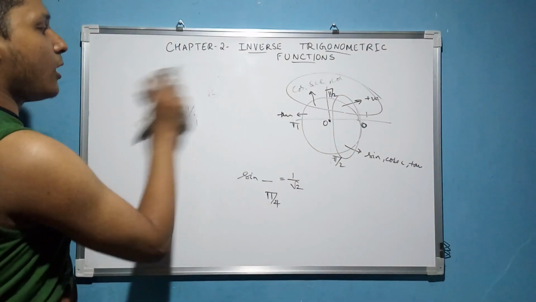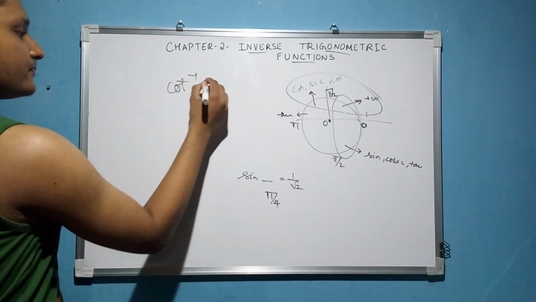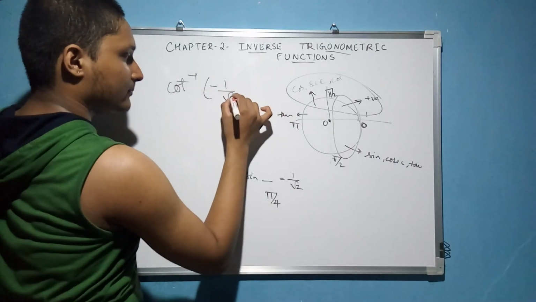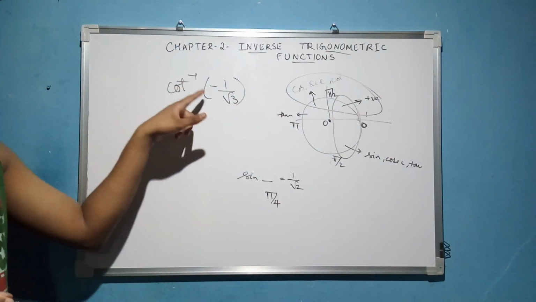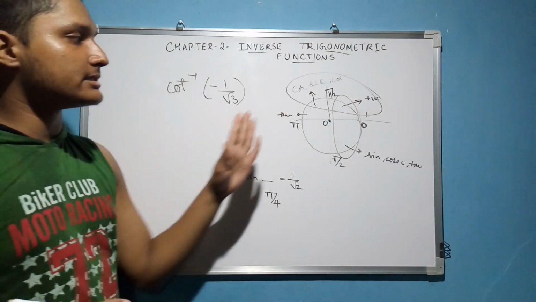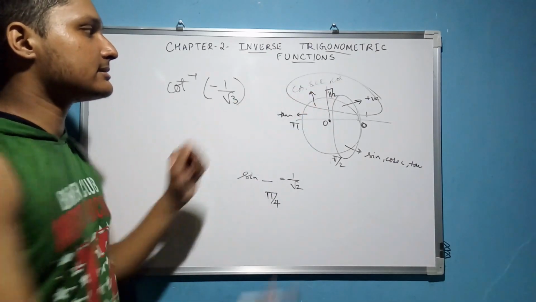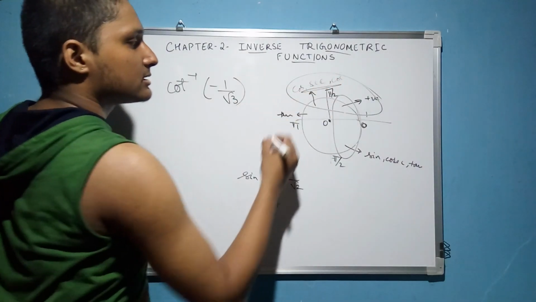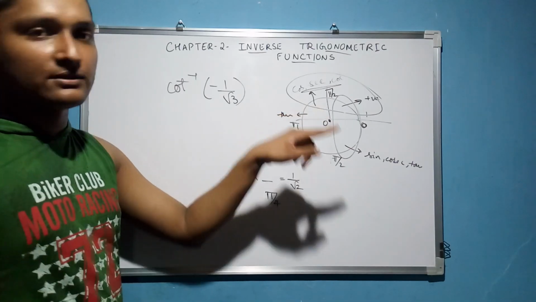So we'll have cot inverse minus 1 by root 3. We find that this is a negative sign. That means it is not going to come in the first quadrant. We need to consider the second quadrant, not the fourth quadrant.